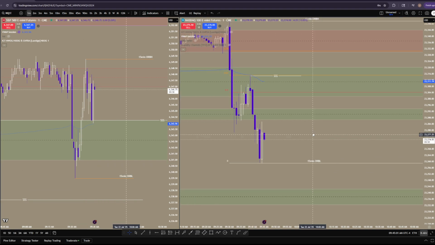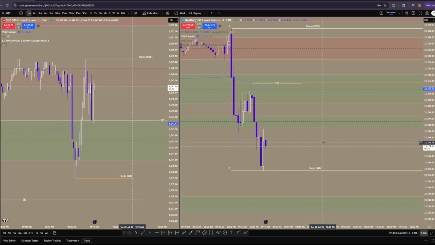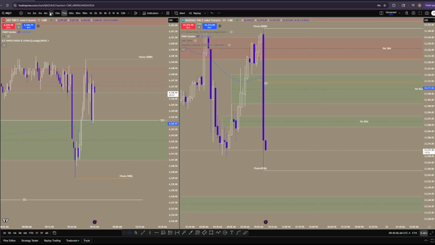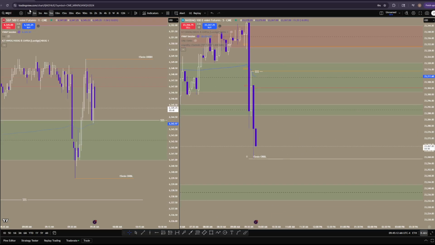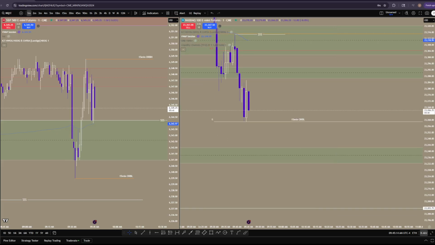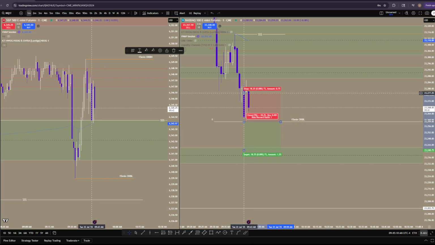All right, so now we have our ORB, we have our 50% level. Pretty big down close candle, 15-minute inversion there, 5-minute bearish order block. This one looks like it might want to continue lower.